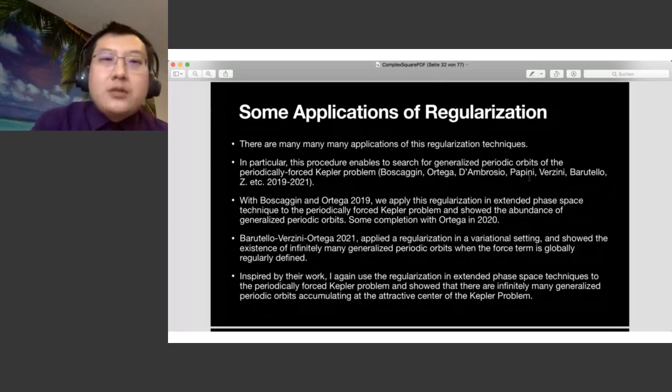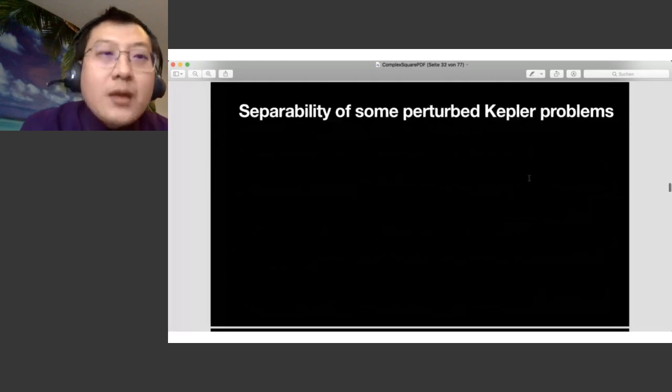But there are many applications of this kind of regularization techniques. There's a rather limited list, but just to indicate our thought on this type of application.